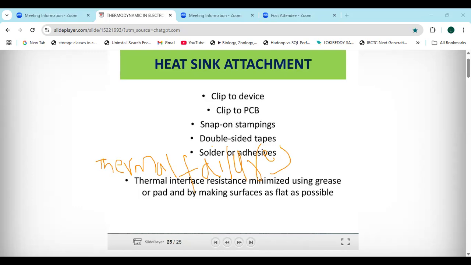Heat dissipation techniques include heat sinks, thermal via spreaders, active cooling like fans and blowers, advanced cooling like heat pipes, liquid cooling, thermoelectric coolers, and heat dissipation depends on materials, surface area, and fin geometry.